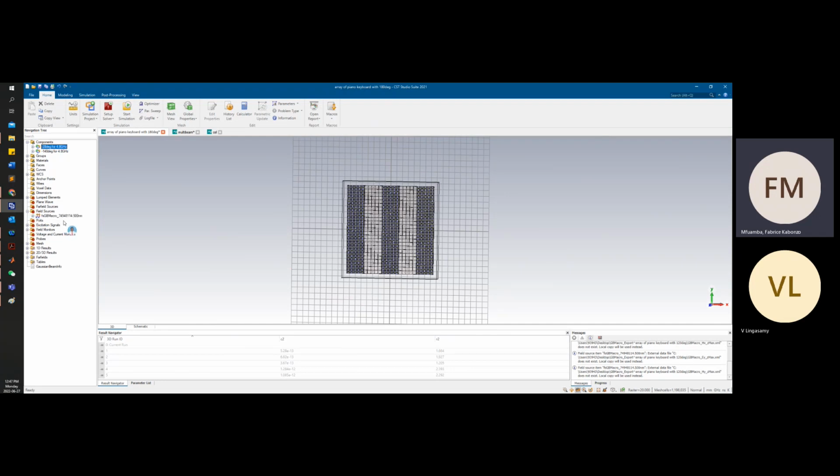He has used a Gaussian. What is the purpose? Ultimately, we are going to check that my array is exhibiting the phase distribution that I am expecting. That is the ultimate aim.